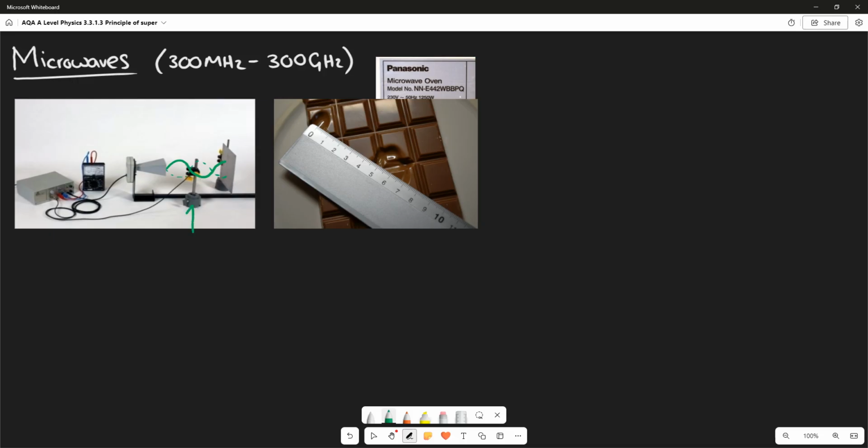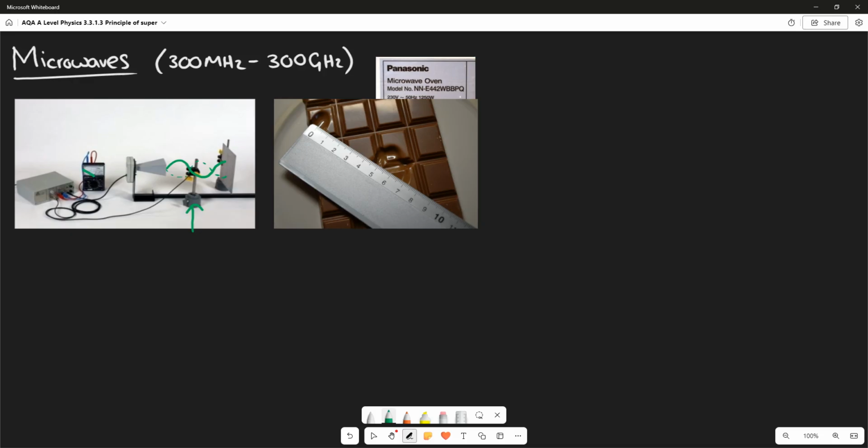And the detector can be placed at different positions between the emitter and the plate, and the reading is on this dial. So the strength of the microwaves can be read off this dial.